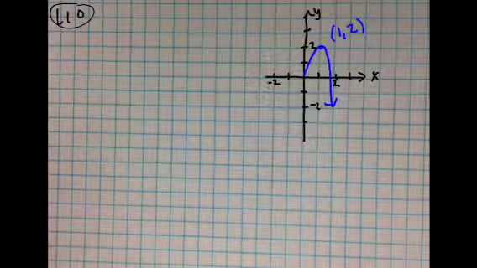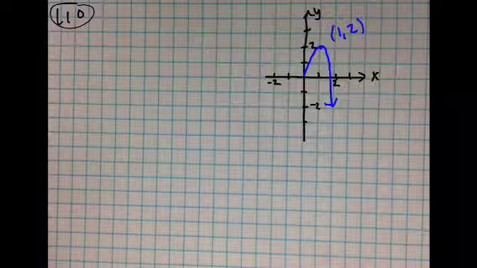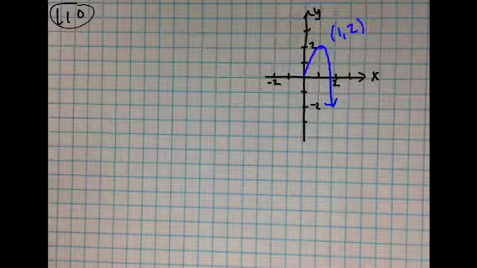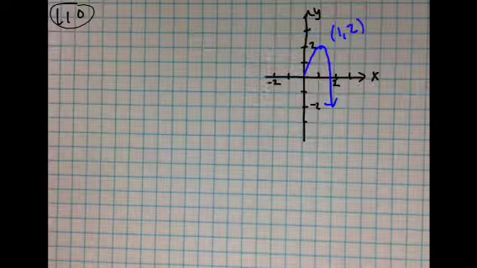Alright, so number 110, I forgot to put the number. So number 110 says that half of the graph of an odd function is shown, and it's what you see on the screen right now. For part A, you have to sketch a complete graph of the function.